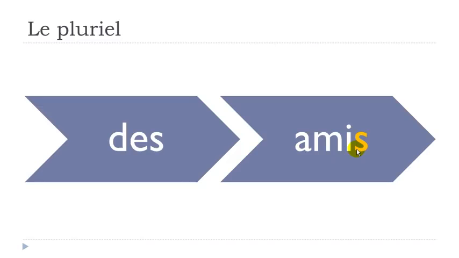As in most cases, you won't pronounce it, but you will have to put it. And so you've got des amis. If you make the liaison, the link between the two, you will get des amis. So ami doesn't change. Even if you write the s, you don't pronounce it.